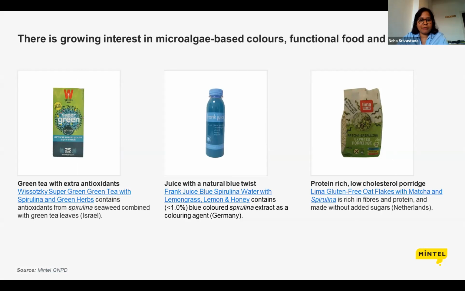There is a blue colored fruit juice launched in Germany, and this blue color is claimed to be from the spirulina extract, the blue colored pigments which are present in spirulina. The richness of protein in microalgae is also being used in food, and there is a porridge launched in the Netherlands which contains fibers and proteins from spirulina. So these are some of the products which are already in the market.